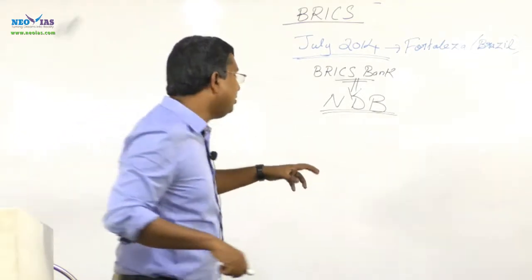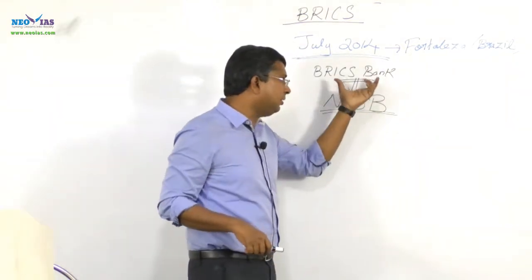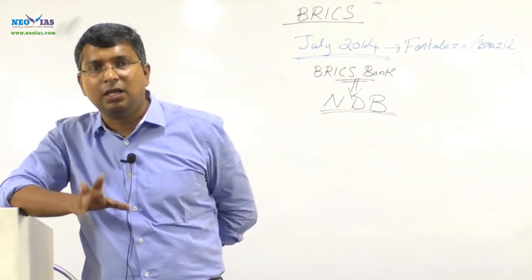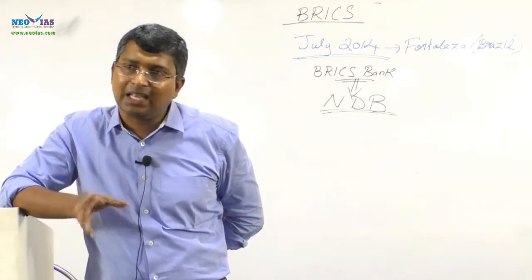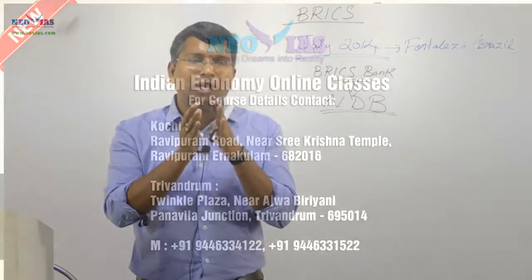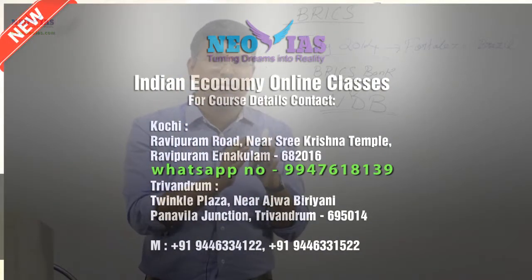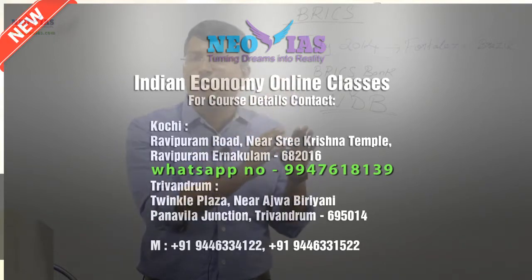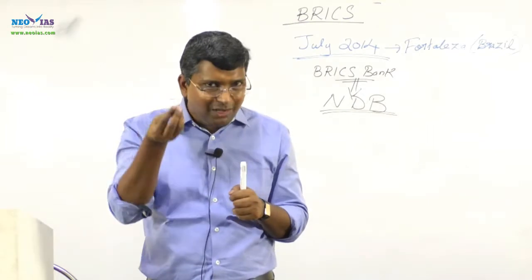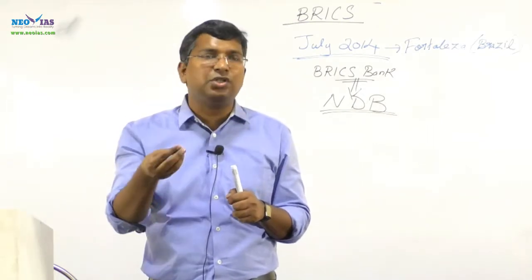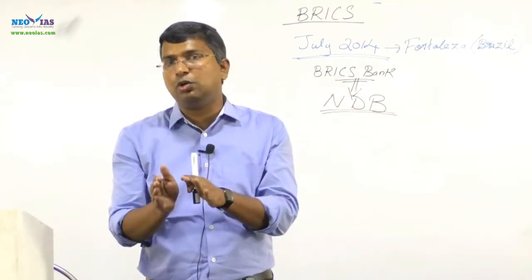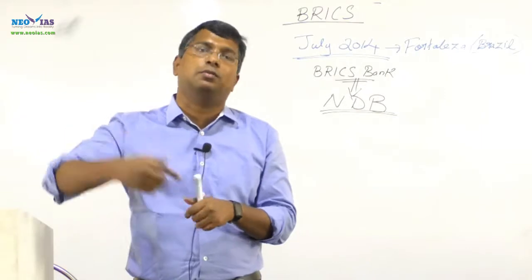As part of it, BRICS have decided to set up a bank, what is called the New Development Bank, which will, you can compare in parallel, do what all the World Bank does, on a minor scale, because the New Development Bank is a small new bank with less capital to function. In future, once they start functioning, the New Development Bank will do on a minor scale what the World Bank does.